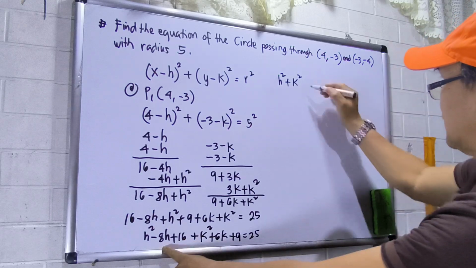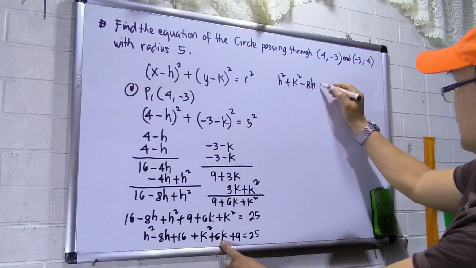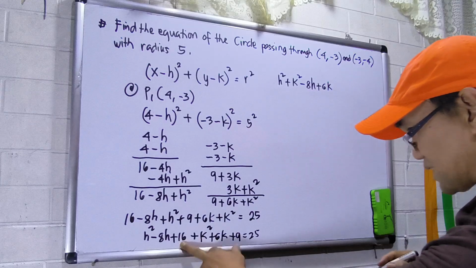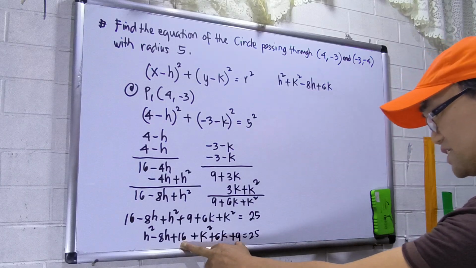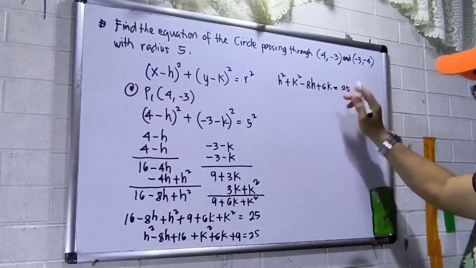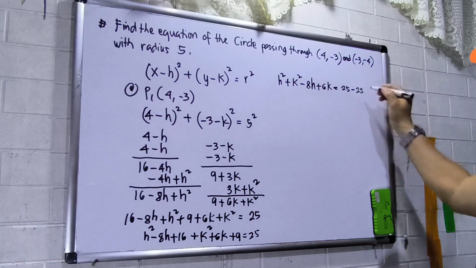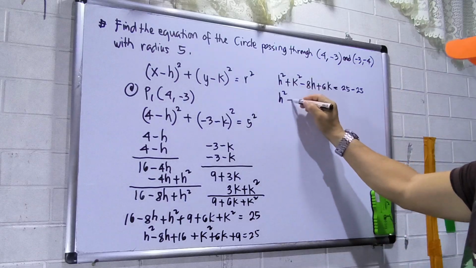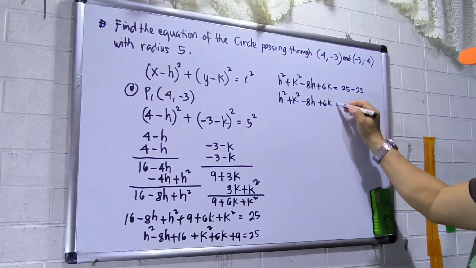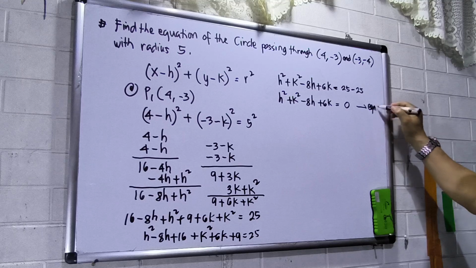Then next will be negative 8h. Then followed by plus 6k. Then combine 16 plus 9 is 25. So this will be 25. Transpose 16 and 9. That will be minus 25. So this will be h squared plus k squared minus 8h plus 6k minus 25 is equals to 0. So this will be my first equation or equation 1.